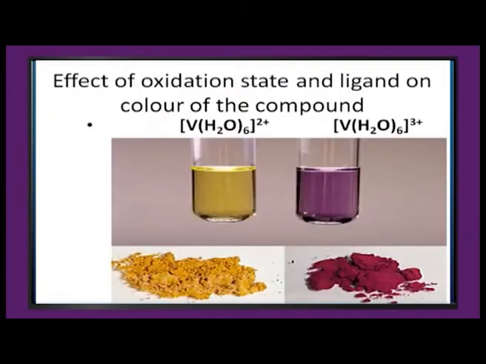Similarly, [V(H2O)6]2+ looks violet in color by absorbing yellow color, but [V(H2O)6]3+ looks violet on absorbing yellow color. This is because with an increase in the oxidation state of the central metal in a coordination compound, crystal field splitting increases. So, the factors that affect crystal field splitting affect the color of a coordination compound.